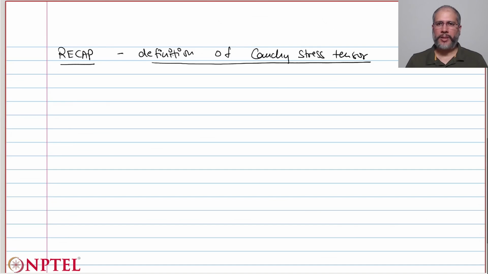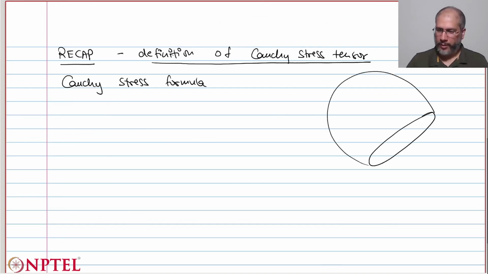So let us have a quick recap about the Cauchy stress tensor. In the last lecture, we talked about the Cauchy stress formula. So let's say we have a body, part 1 that we've been talking about, and we have a point P. n hat is a unit normal that denotes the cutting plane which passes through P, which is shown as the shaded region.